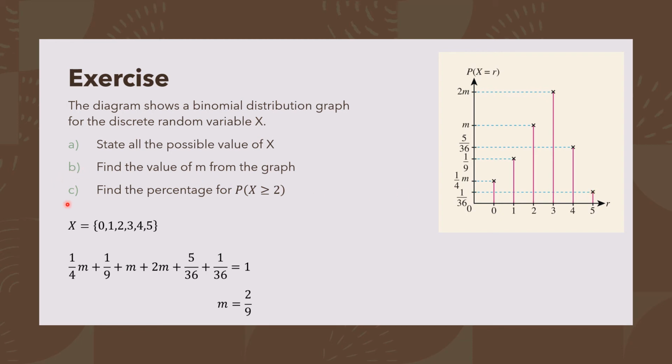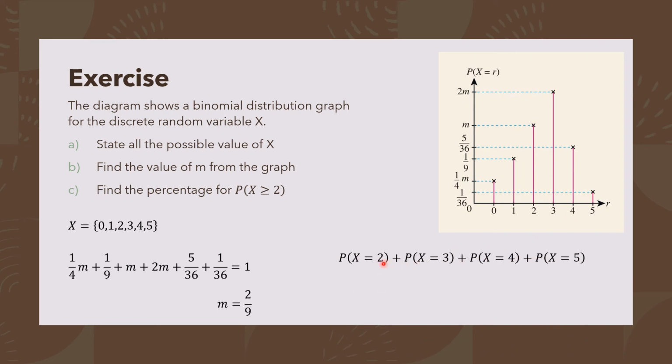Then C, find the percentage for P(X) greater than or equal to 2. So P is greater than or equal to 2. We need to consider the number of success here should be 2, 3, 4 and 5. So just add all the values here: m, 2m, 5 over 36 and 1 over 36.